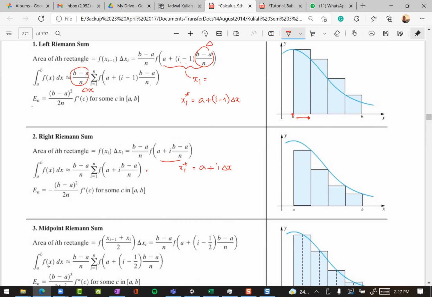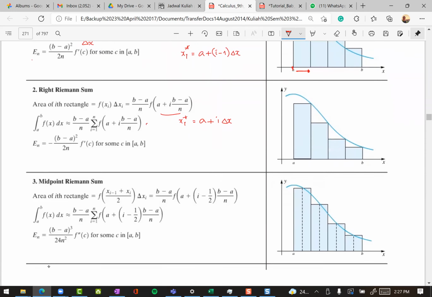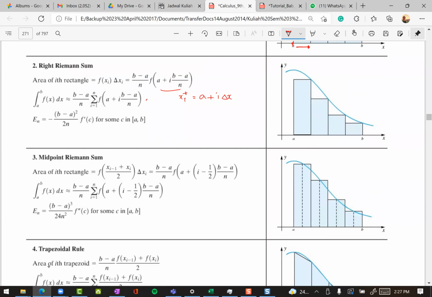And this is the midpoint. So what is the midpoint? Midpoint is this one: x_i plus x_{i-1}, the previous point, and then over 2. So the average, the midpoint. Okay, so you compute this one, you get this.